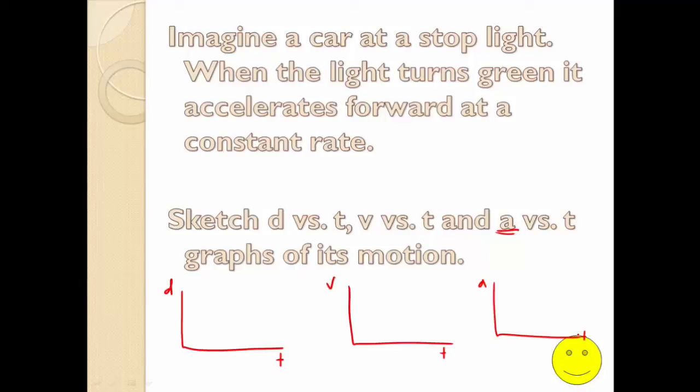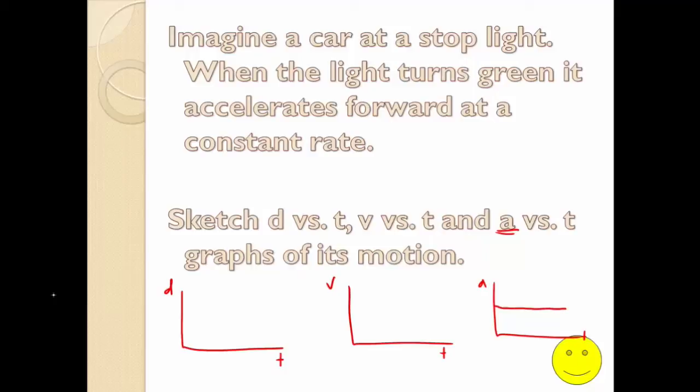Well, let's see. We are accelerating at a constant rate. Constant on a graph looks like what? It looks like a horizontal line. You've seen this with constant velocity. So when you're dealing with a constant acceleration, it's going to be a flat line. So what is the v versus t graph going to look like? Recall from the previous slide that the slope of a v versus t graph gives you the acceleration.